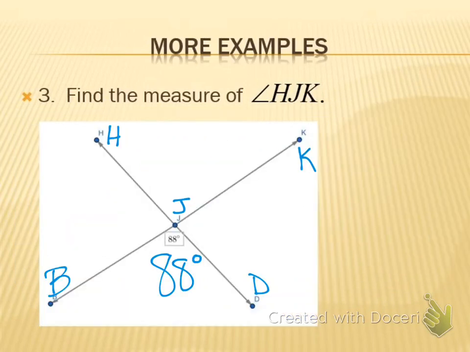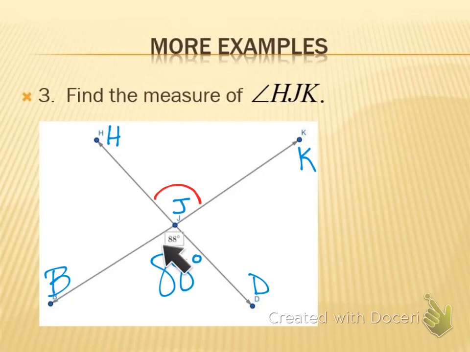Probably the longest part of this problem is copying it down. Once we get it copied down and we identify angle HJK, we know that that angle's up here. So you can mark it if it's like, okay, this is the angle I'm interested in. What is that angle's relationship with the one that we have labeled as 88 degrees? They're vertical.